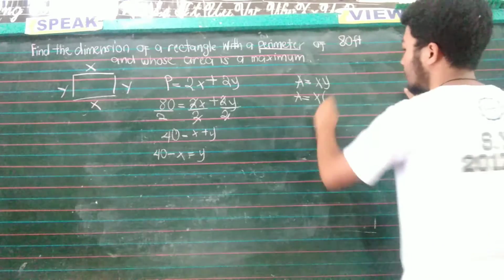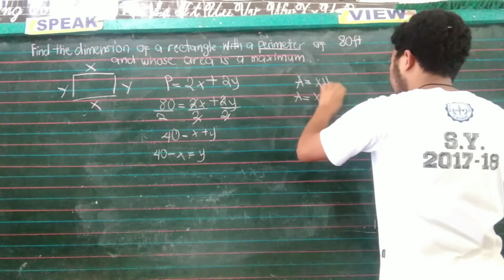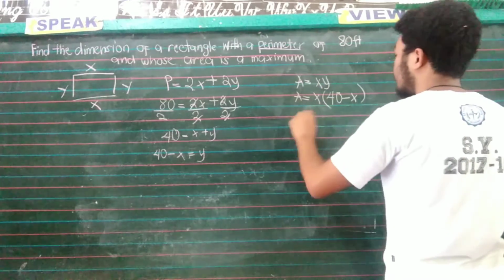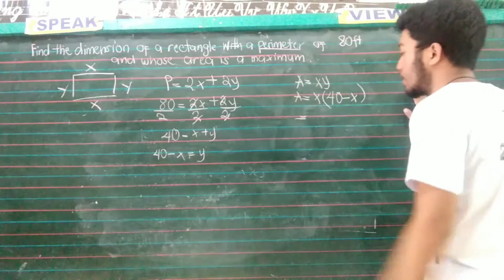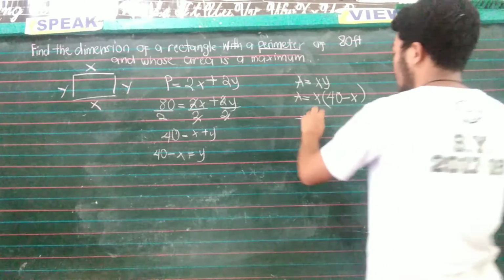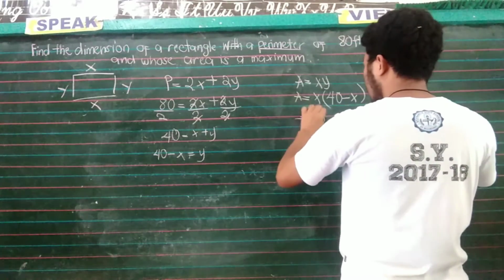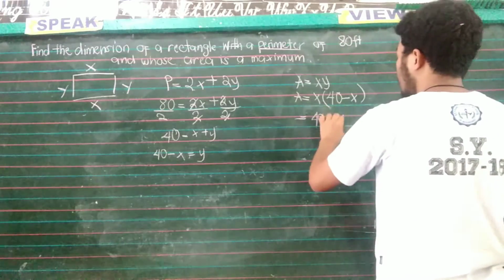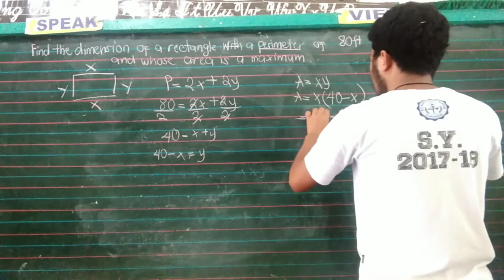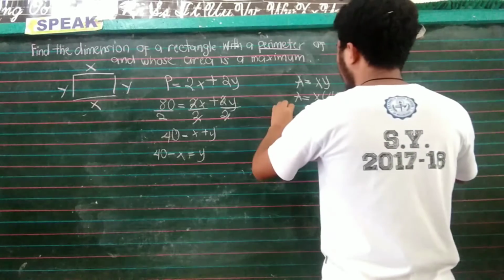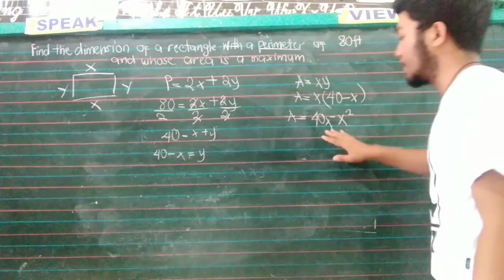So we can now substitute y to 40 minus x. So we have here 40x minus x squared. So this is for the area.